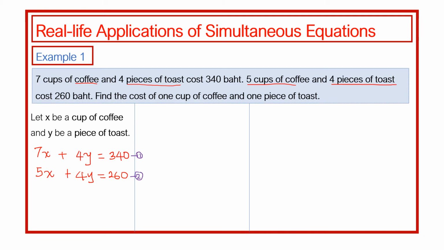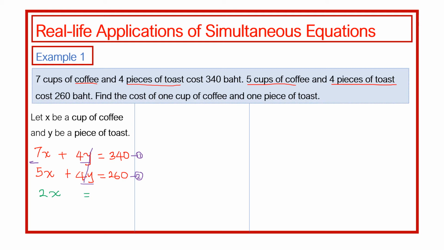Since we have 4y and 4y, let us use minus, such that we get 4y minus 4y, that is a 0. Then 7x minus 5x equals 2x.